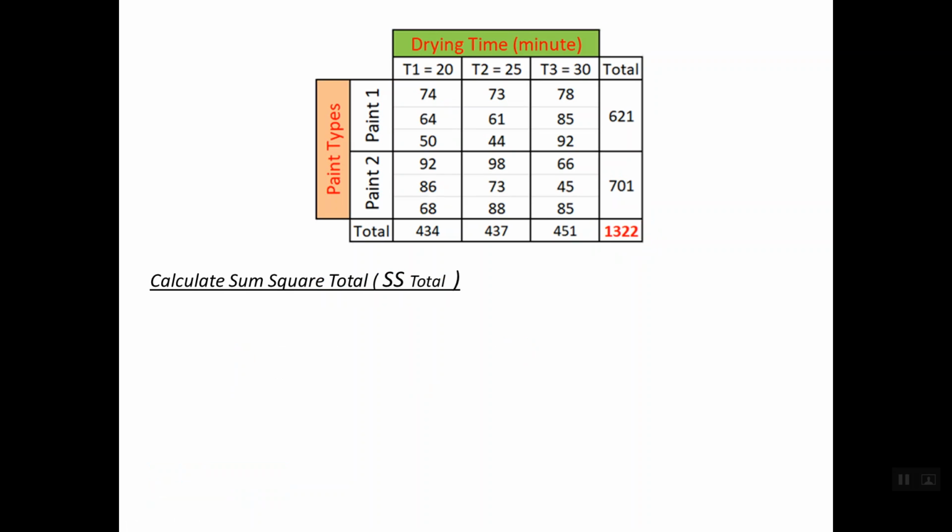Now simply we can calculate the sum of squares for the total, which is SS total. The formula for the SS total is simply the summation of the squared observations minus the correction factor.